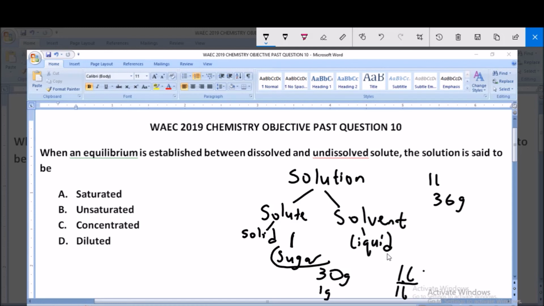It doesn't matter how much more solute you put into the solvent or the solution, no more solute is going to dissolve. So for this reason, an equilibrium has been established between dissolved solutes and the undissolved solutes. So when an equilibrium is established between dissolved and undissolved solutes, the solution will then be said to be saturated, which is A, and it's our answer.